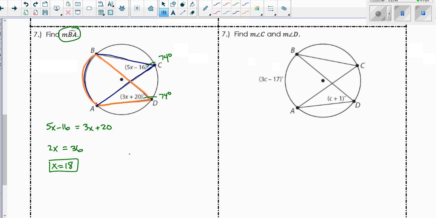So that means that the measure of arc BA, so arc BA is right here, is double 74. So this has to be 148. Okay, so 148 degrees. That's the answer.